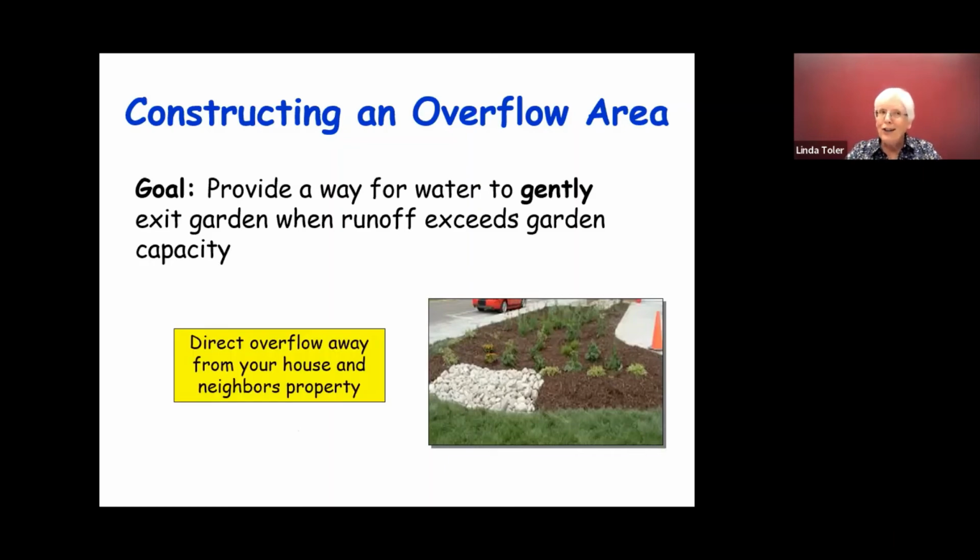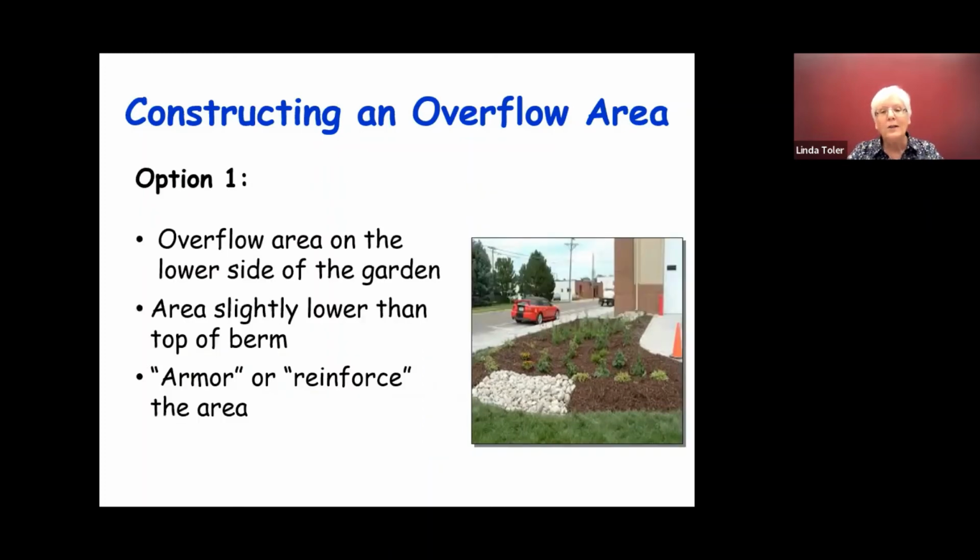Just a word of caution here, as you're thinking about where the runoff from your rain garden should go, you want to direct the overflow away from your house, but not onto your neighbor's property. So the first approach is, if you have a berm, take a small area, maybe a foot or so of the berm, and make it slightly lower than the rest of the berm.